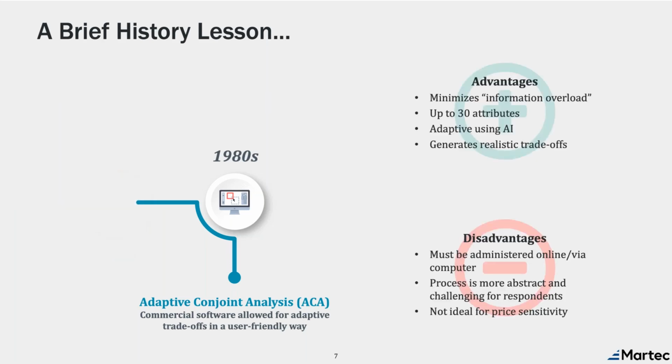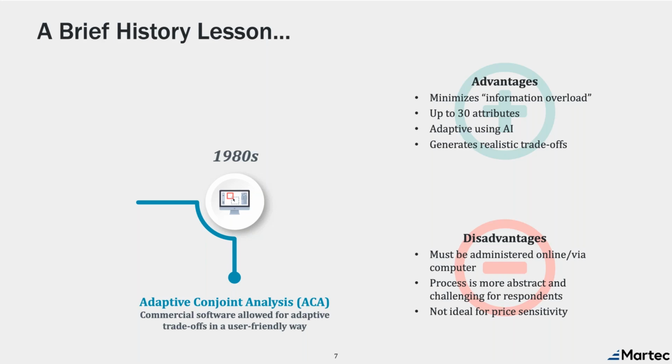There are various advantages and disadvantages of adaptive conjoint, or ACA. When we look at it holistically, it does tend to minimize information overload for the respondents, and it can handle a large number of attributes, up to 30 different attributes.